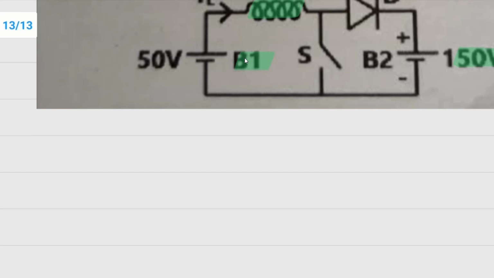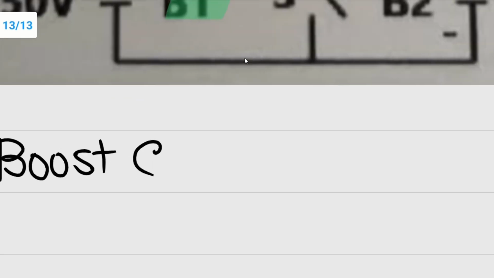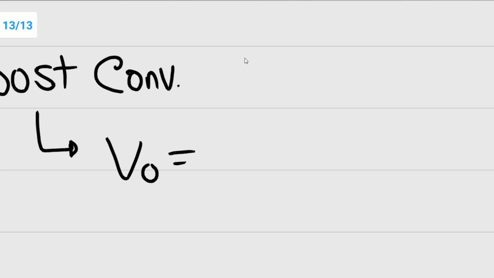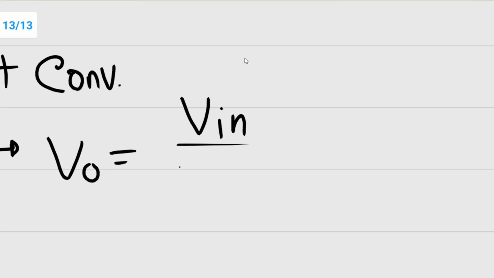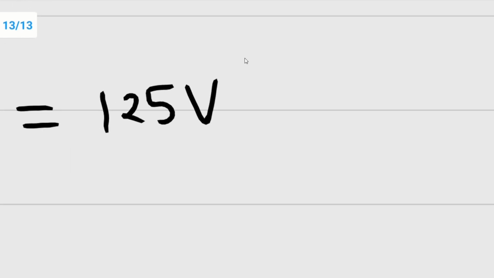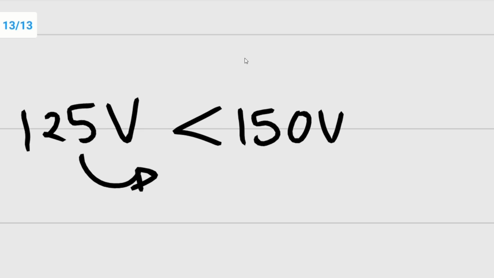We know that in a boost converter, the output voltage is nothing but V input by 1 minus D. So D is given as 0.4, V input is 50 volt, so it is nothing but 125 volt, but this voltage is less than the given voltage, which is 150 volt. That means the operation is discontinuous.